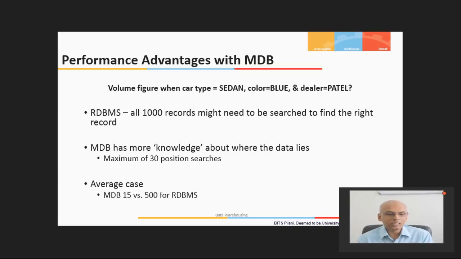So in the case of an RDBMS, 1000 records are to be scanned, so in the average case 500 records have to be read. But in the case of a multi-dimensional database, 30 positional searches are required, and the average case is going to be 15. So you can see that there is a significant advantage for this database, which is much smaller than a real decision support database.